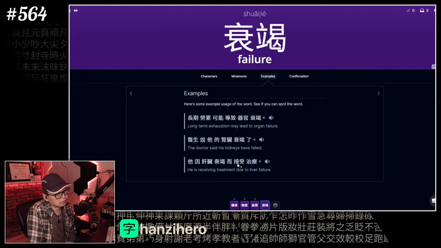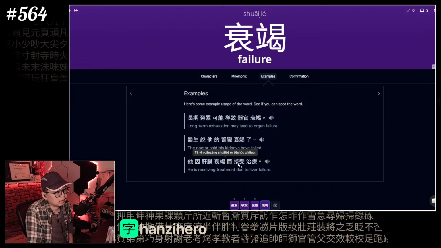Are due to, like receiving... that's 疗, 治疗. What is this 接? Oh, to fix. 接受, receive, 接受, help.